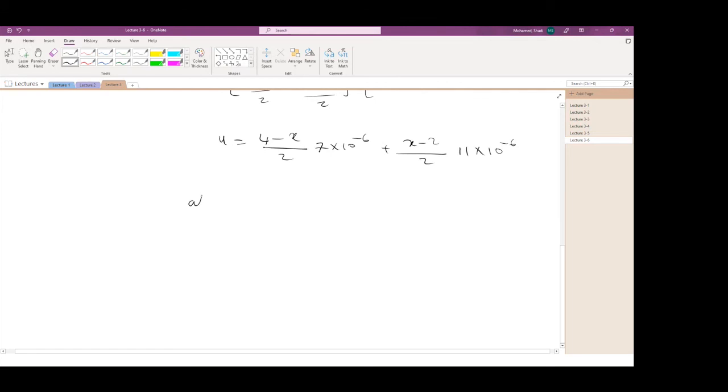Now at x equal to 3.5, you will have u equal to (4 minus 3.5) divided by 2 times 7 times 10 to the power minus 6, added to (3.5 minus 2) divided by 2 times 11 times 10 to the power minus 6.